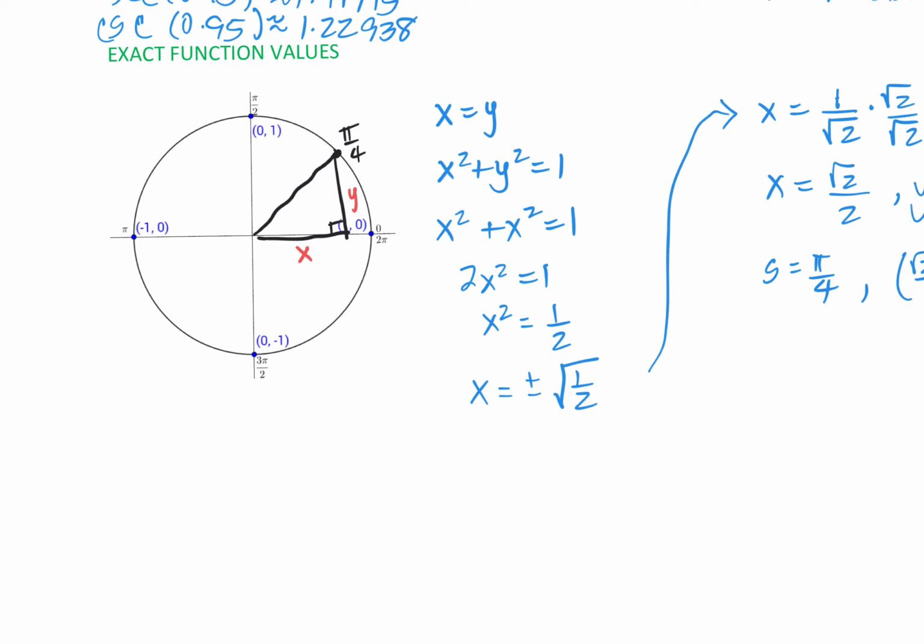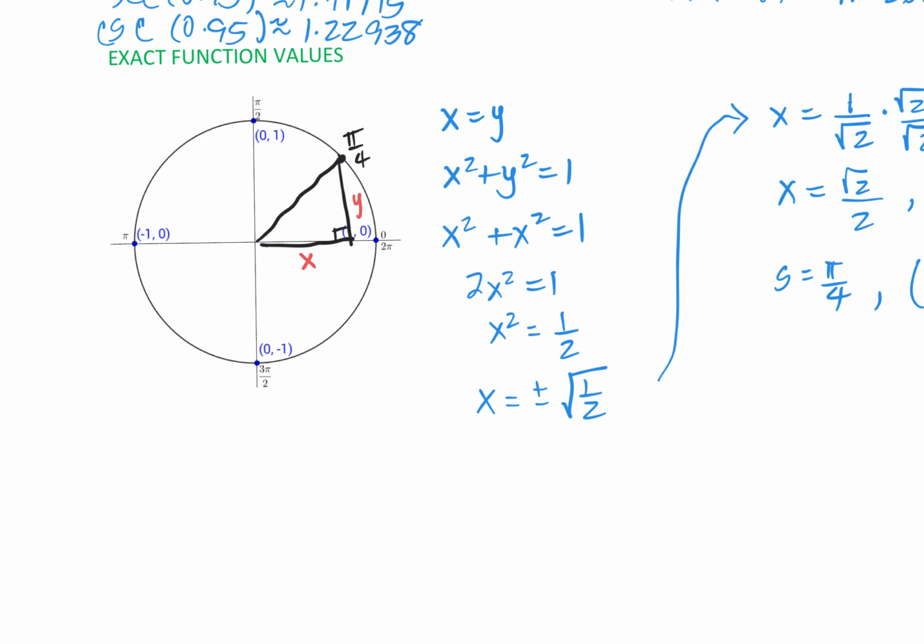Going back to this circle, there are some other common angles that we use. If we looked at, say, pi over 6, that's a common value that we use as well. We would do the same thing. We would drop ourselves a right triangle. In this case, this one is a little bit more difficult to solve since the x and the y values are going to be different.